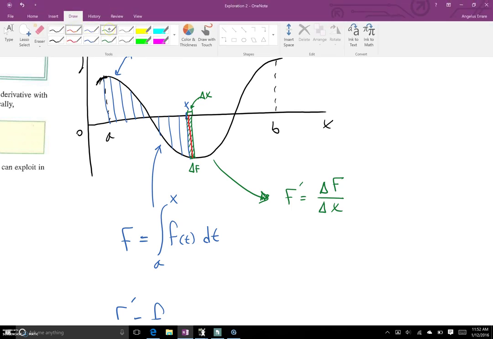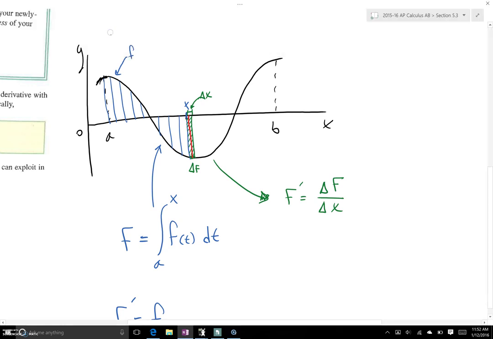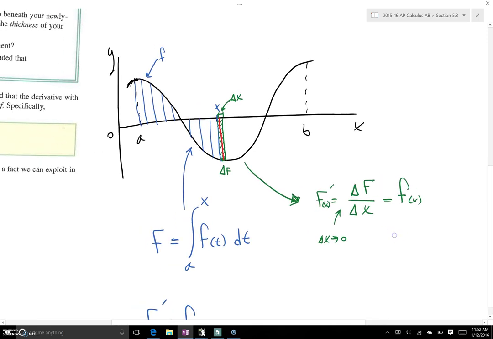If capital F is the antiderivative of lowercase f, then when we take the derivative of the antiderivative, if we let delta x approach 0, this ends up being just f of x. So this is the relationship they're trying to show you graphically.